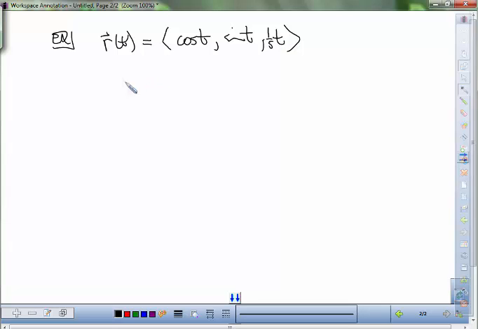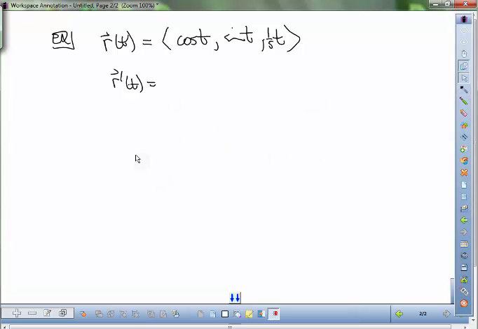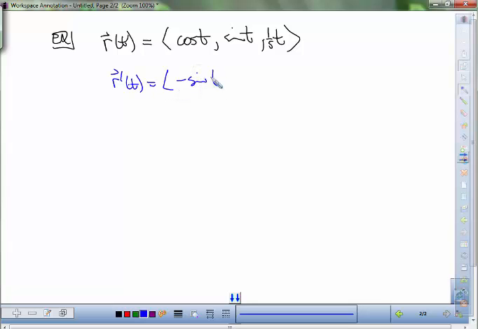So let's take the derivative of this. r prime of t is equal to, it should be easy, right? And then 1/5.